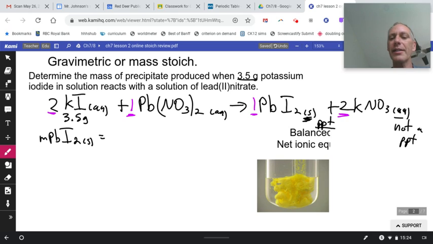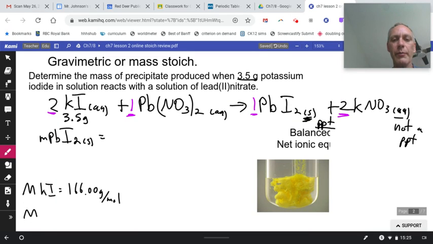Well, we have the mass of KI, and we have the molar mass of KI. I'm just going to write these down here. We need the molar mass of potassium iodide, and that is 166.00 grams per mole.